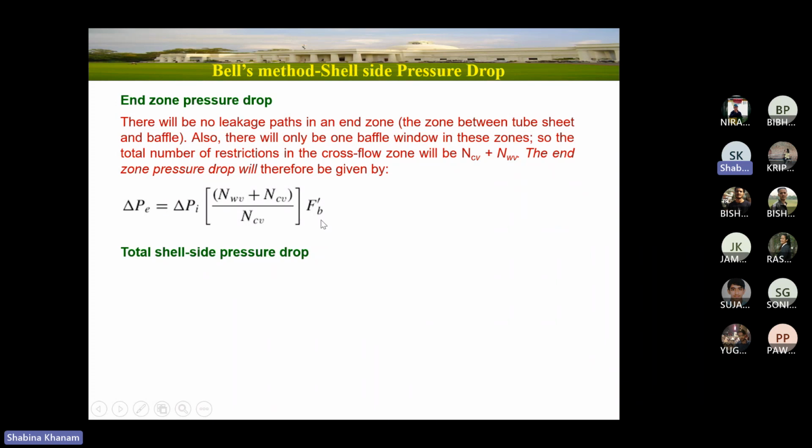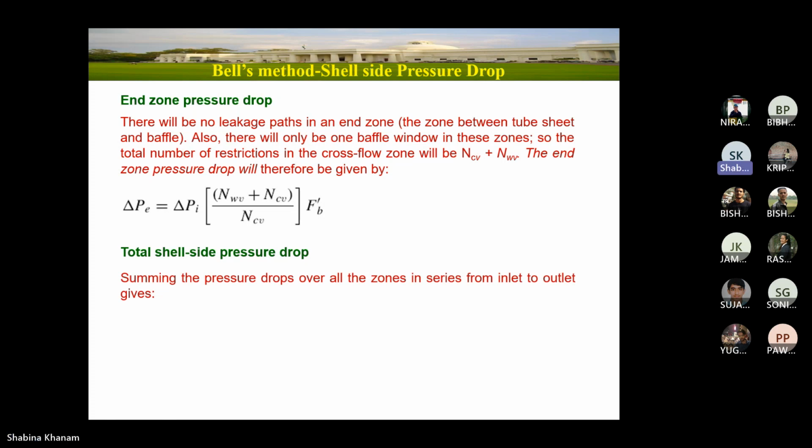Now for the total shell side pressure drop, we consider the pressure drop in each zone and how many zones are available. Total pressure drop in the shell will be 2 into delta PE, because two end zones are available, plus NB minus 1 cross flow zones, because cross flow zone is considered between two baffle tips, where NB is the total number of baffles.